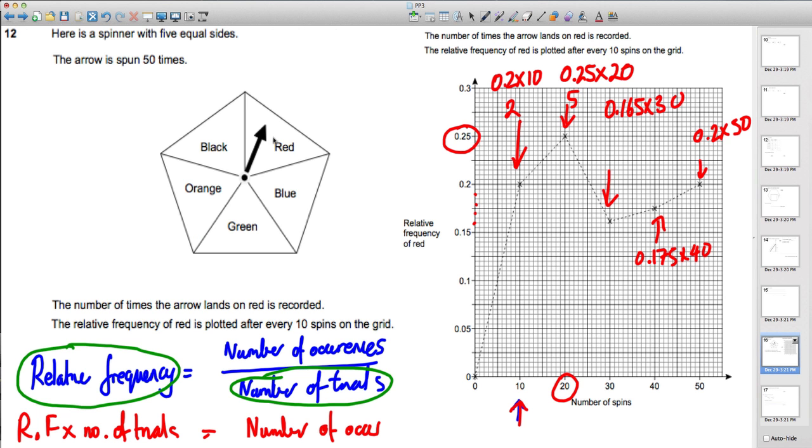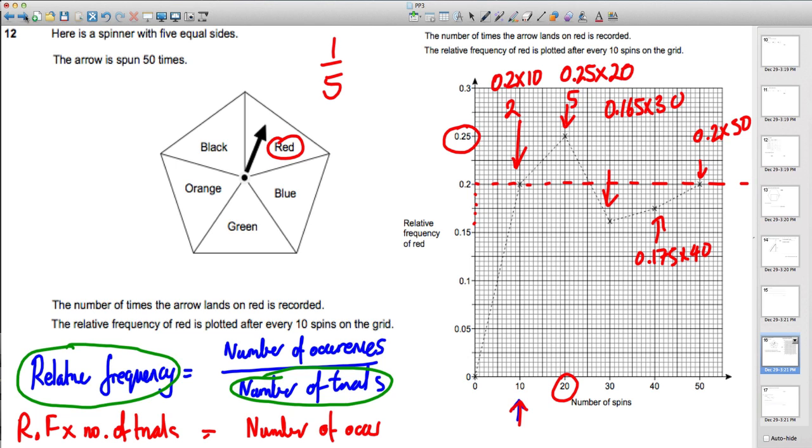Now if this was fair, and there's 1 red out of 1, 2, 3, 4, 5, so you would expect 1 out of 5 to be the probability. Over time, you would be expecting it to start going to 0.2. Now, as you're doing more experiments, it does seem to be trending towards 0.2.